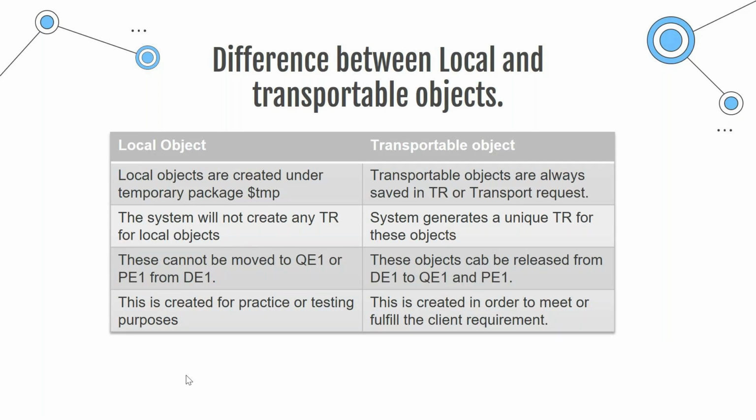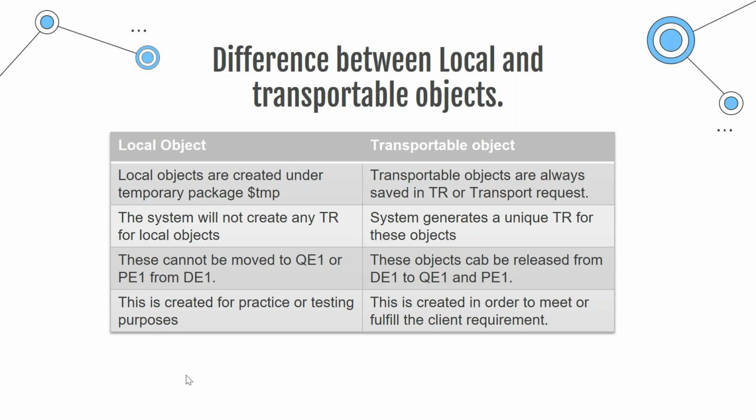Then local objects can only be created in development system and cannot be moved to quality and production. Transportable objects are created in development system and can be moved to quality and production system. Local objects are only created when you want to practice or test anything before actually doing the development work.